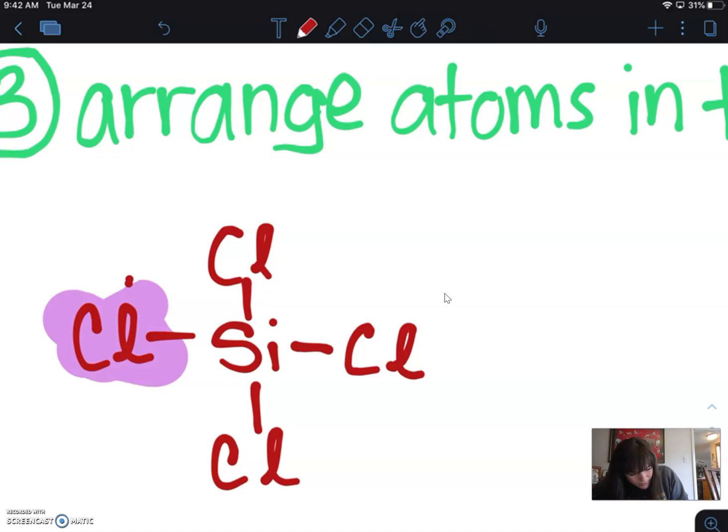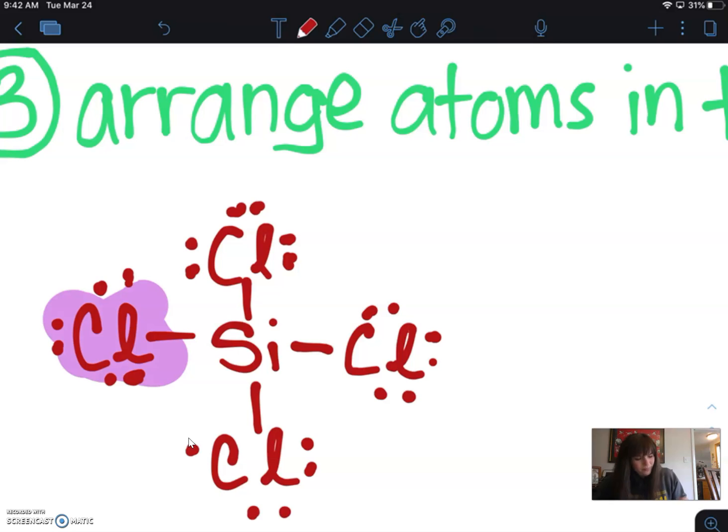So I'm going to add in 1, 2, 3, 4, 5, 6. And I'm going to just do the same with the rest of them because they all look identical. So just go back through. Not the prettiest dots, but very hard to work on an iPad. Okay, so I have done that.